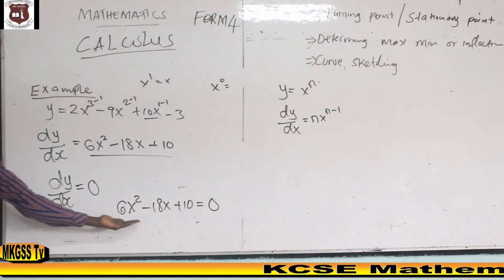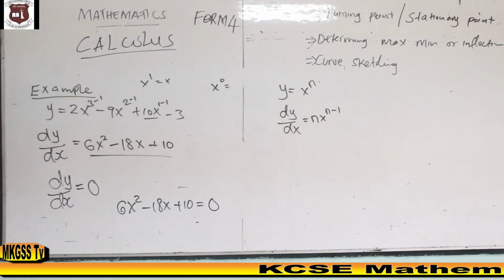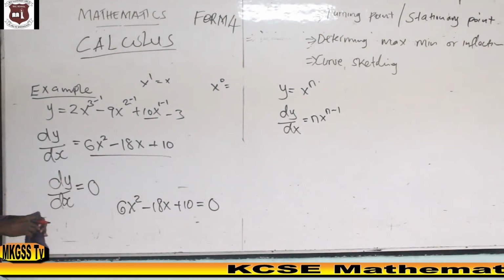So what we have is basically a quadratic expression. We can solve it with various methods that we all know about quadratic expressions. So let us go by the quadratic formula.